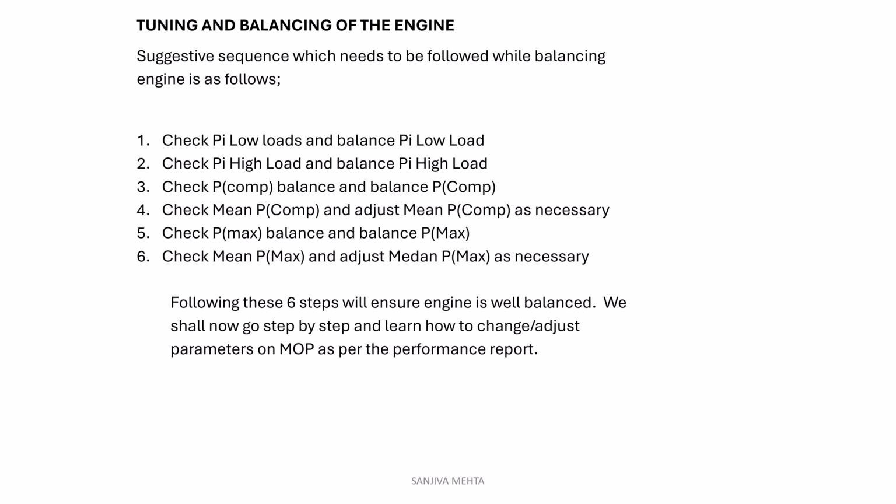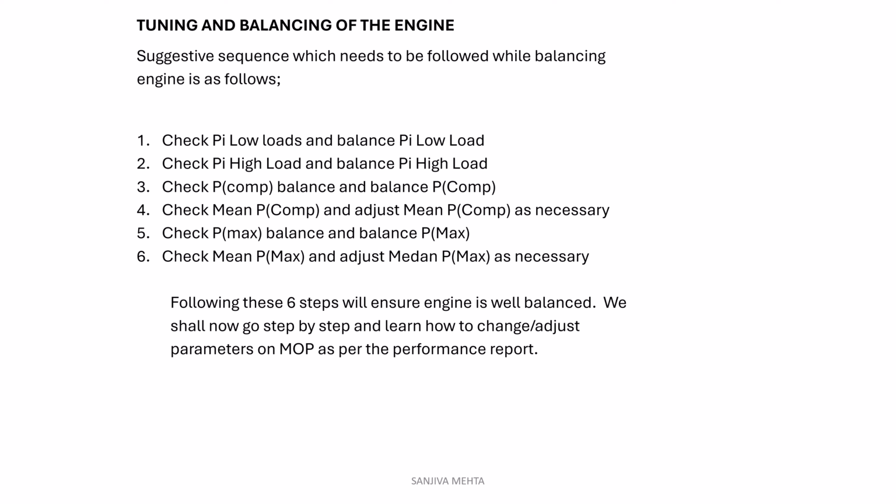Then compression ratio offset or Pcomp balance. Then mean Pcomp, that is average Pcomp. The maximum pressure of individual unit and maximum pressure of all units, median Pmax, mean Pmax.